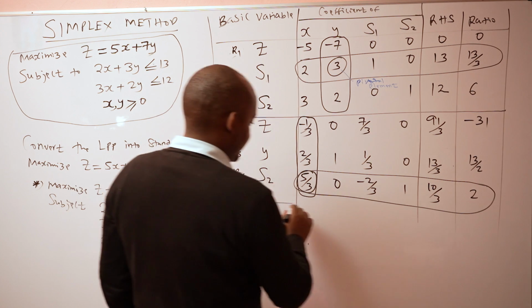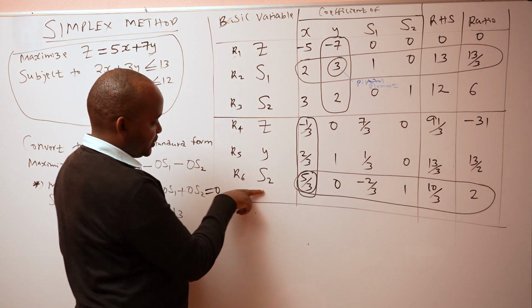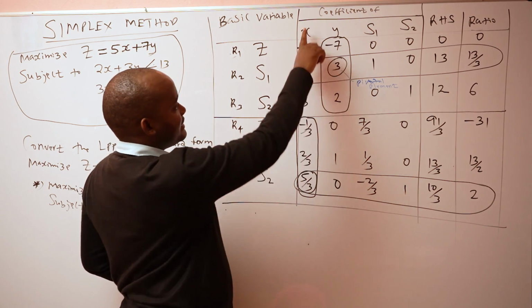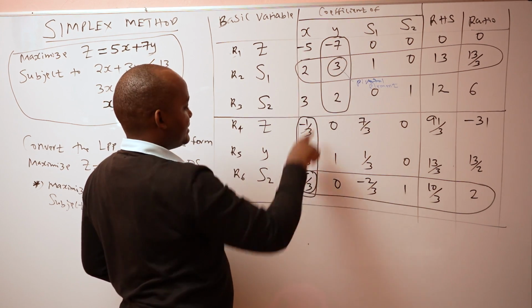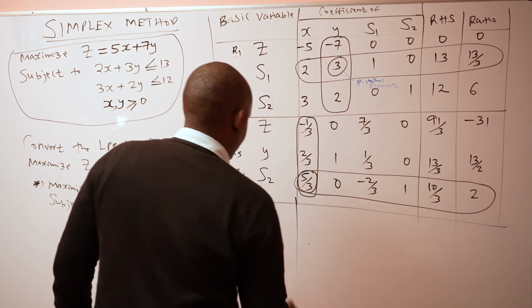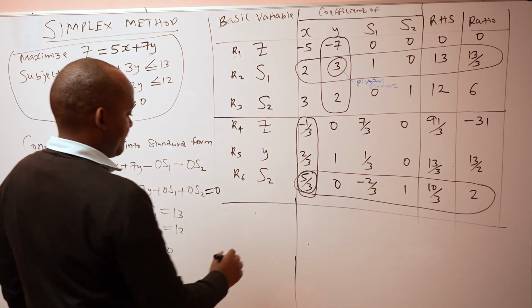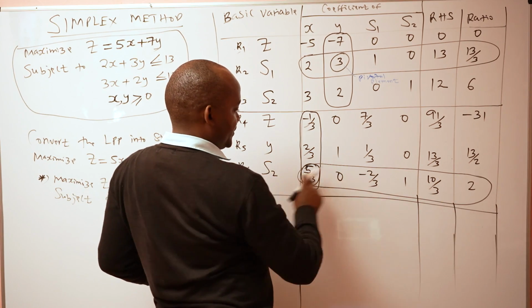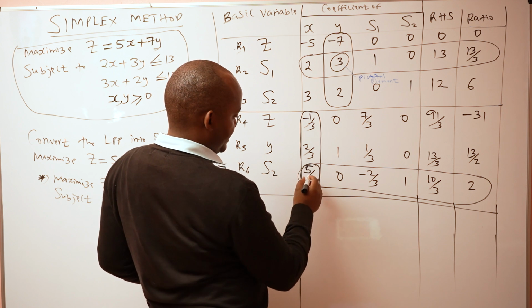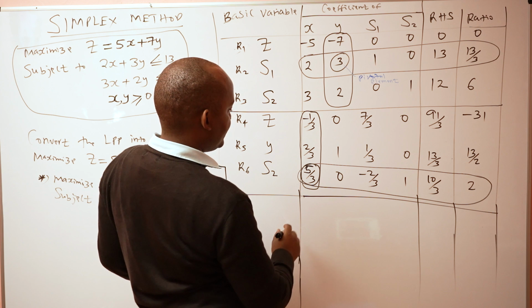The consequence here is that S2 is leaving and X is entering the product mix. So that will guide us in the construction of the next simplex table. The intersection of the pivotal row and the pivotal column is at this particular point, which is our new pivotal element.